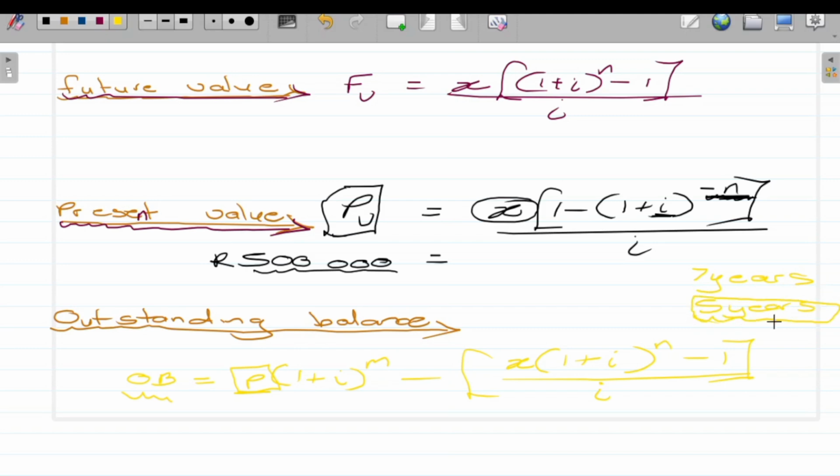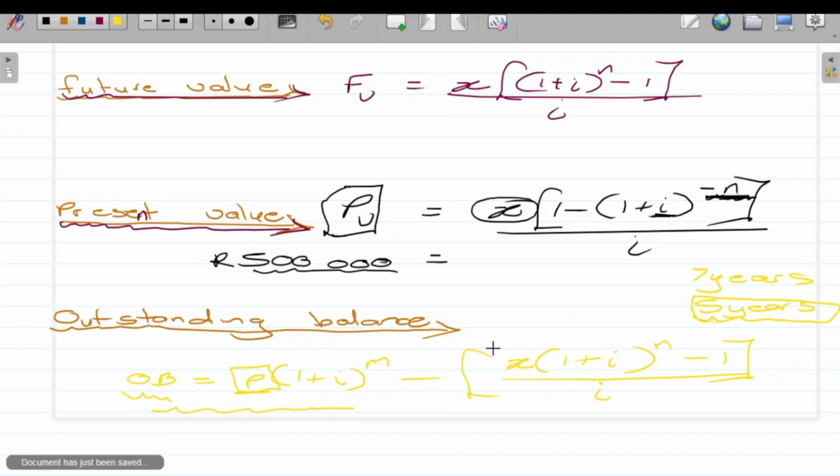But in those 2 years that are remaining, the interest of the loan was increasing, and so you will need to use the compounding interest formula, which is this one here. That's why we are using this one here.